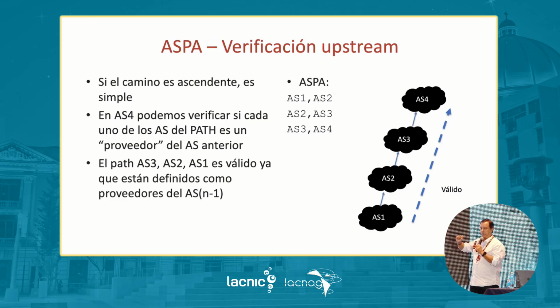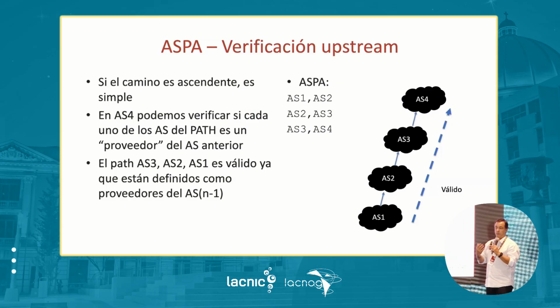If in this AS1, 2, 3, and 4 path, ASPA relationships have been established between each of the peers, then AS4 will be able to verify the path, and for the path to be valid, it has to exist in the database. This is an RPKI extension, not RPKI on its own, but since we have the resources and now have the ASN certificate, I will be able to say who my providers are. So this next one will say the same, and the next one will say the same.